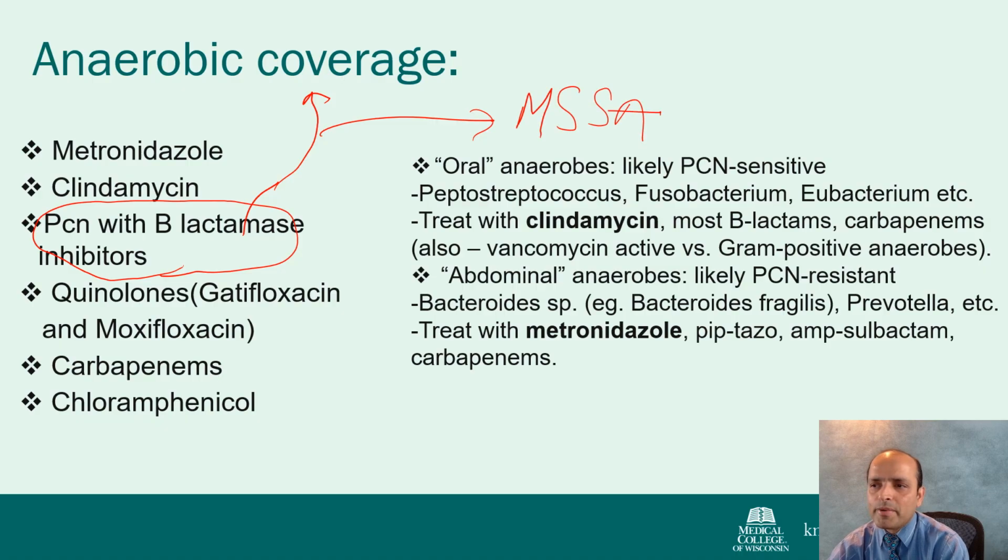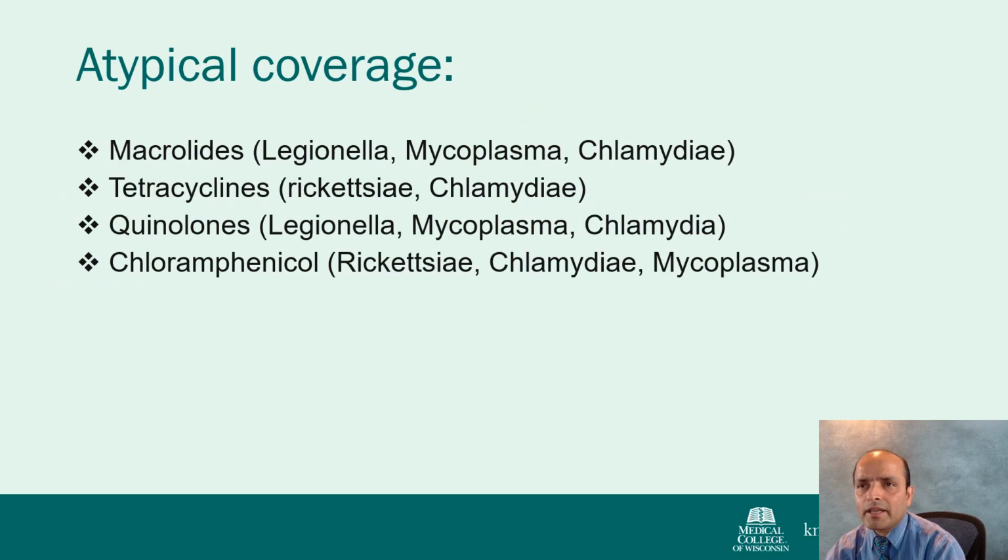Penicillin itself does not cover, amoxicillin itself does not cover, but if you combine with clavulanic acid, it's going to cover MSSA. Remember that. Carbapenem and chloramphenicol are the other antibiotics.